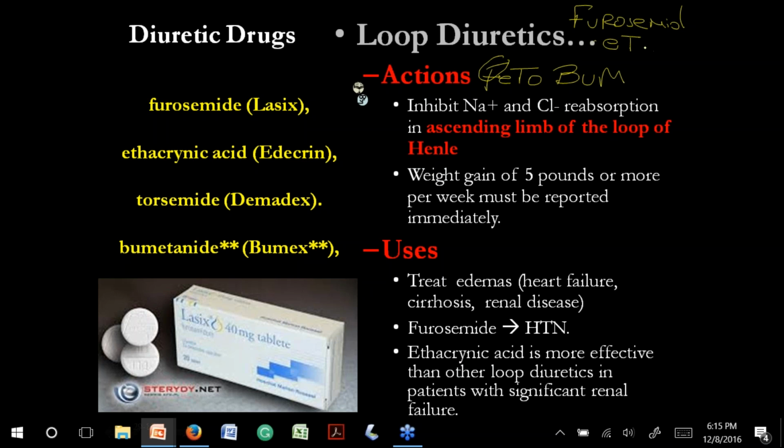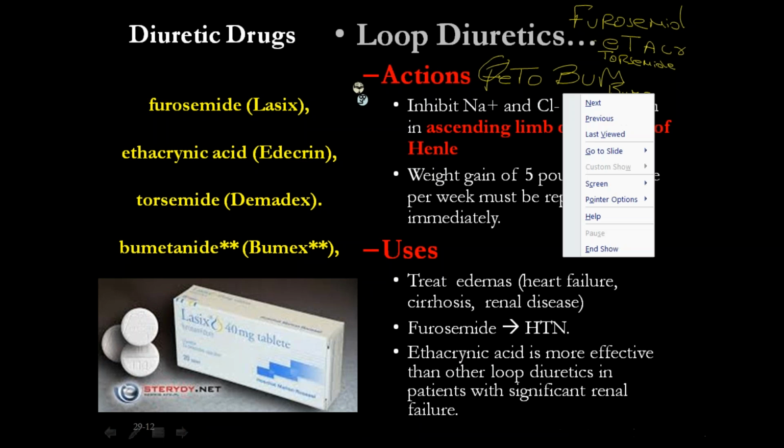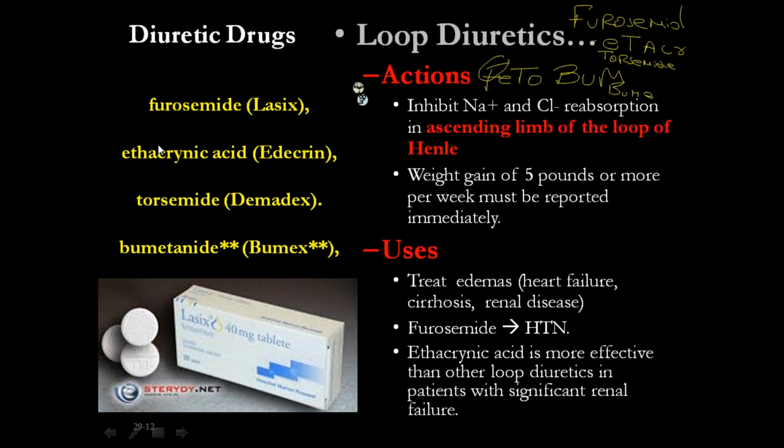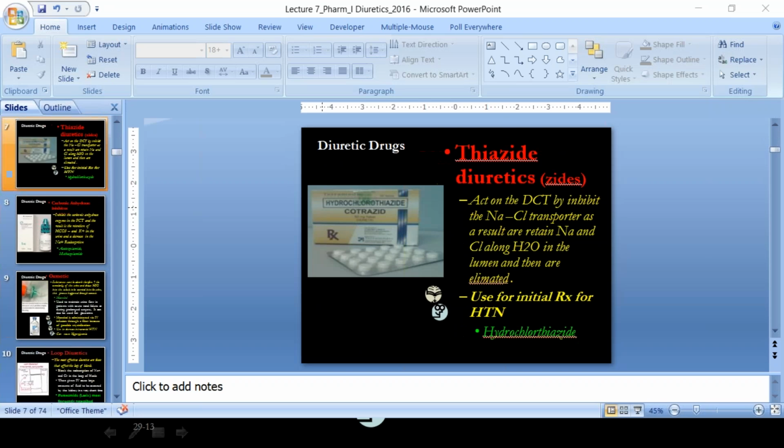ET means ethacrynic acid. TO means torsemide. And BUM means bumetanide. So you can see the mnemonic is very simple to remember. All right, so let's start talking about the loop diuretics.